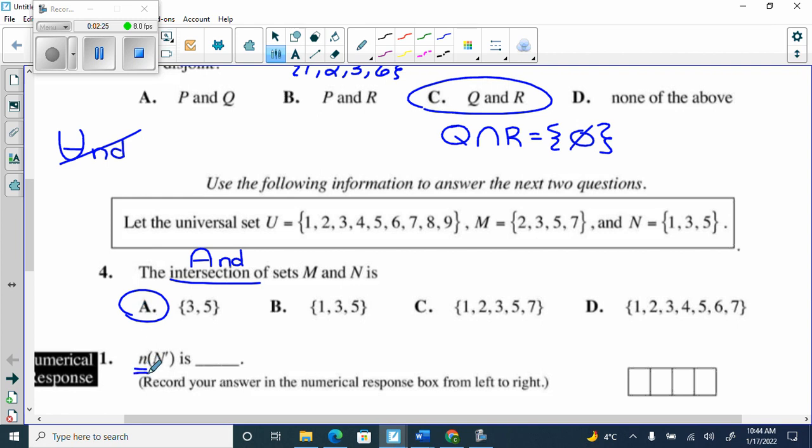What does the little n mean? Yeah, number of elements in, right? So if I ask you what's not in N, that means what's not in N but in the universal set. So N has 1, 3, 5.